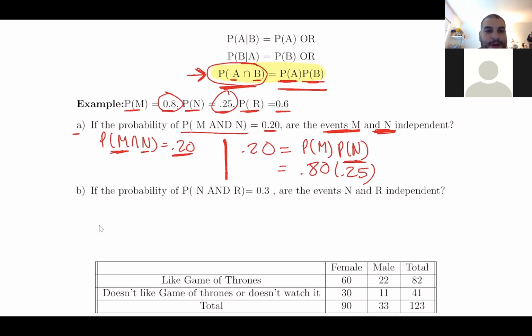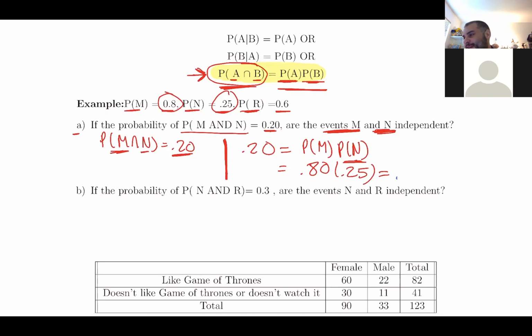So what's 0.8 times 0.25? If you want, you could type it into the chat, that way I know you got your answer. If you do 0.80 times 0.25, what do we get? You got 0.2.